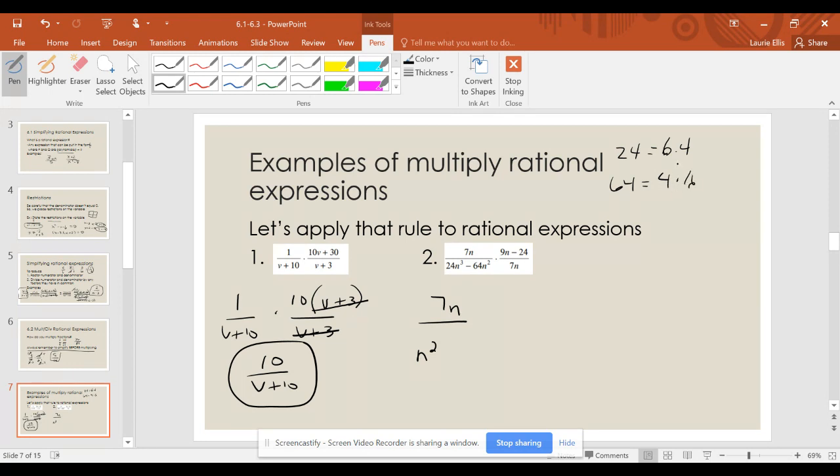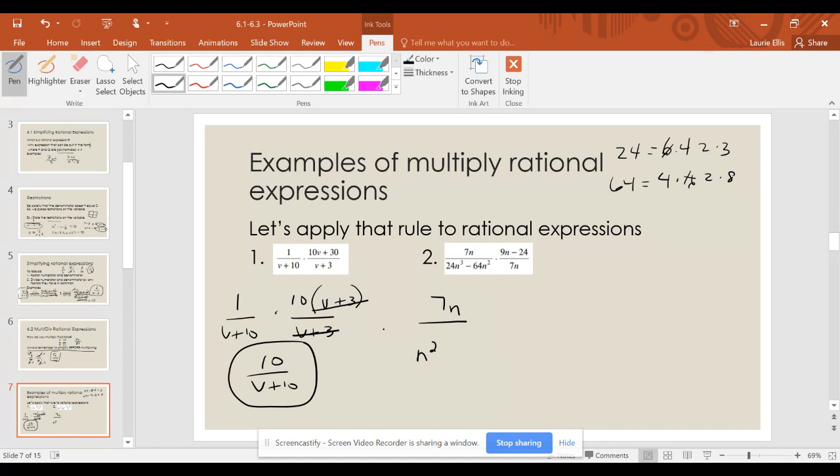Okay, so there's still more. Because when I cancel the 4s, I still have a 6 and a 16 here. So this 6 would be a 2 times a 3. This would be a 2 times an 8. 4 times 2 times 8. Okay, so what I want to factor out is an 8.